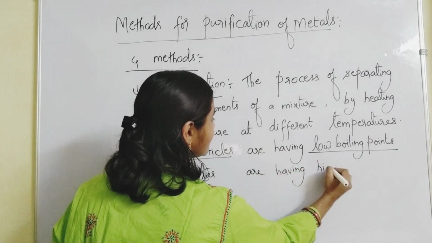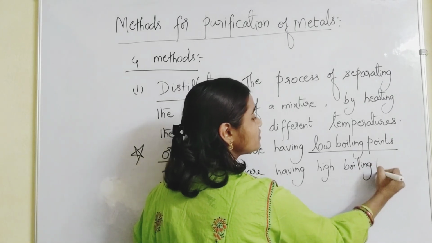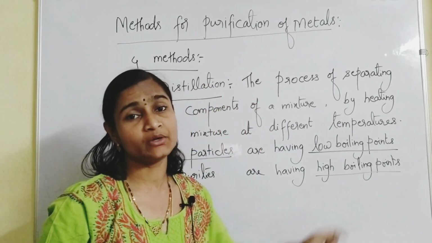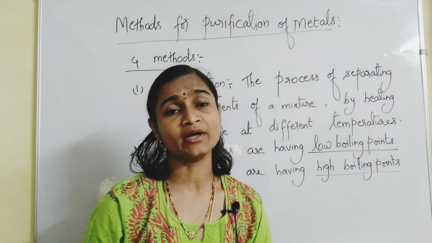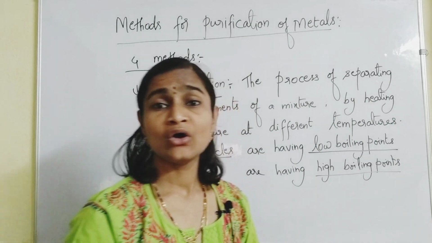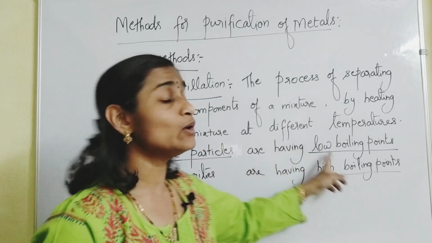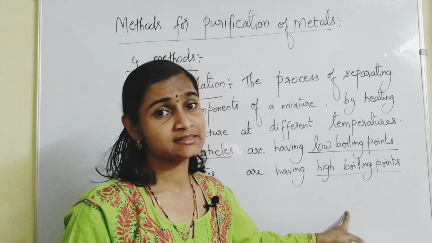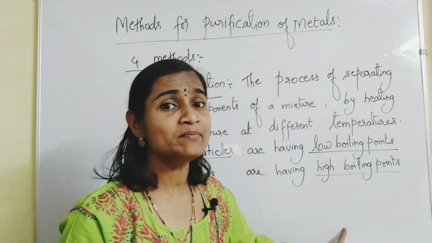This point you have to remember. Most of the children will make a mistake here only. They'll write ore particles will have high boiling points and impurities have low boiling points. No. Ore particles are having low boiling points than the impurities.